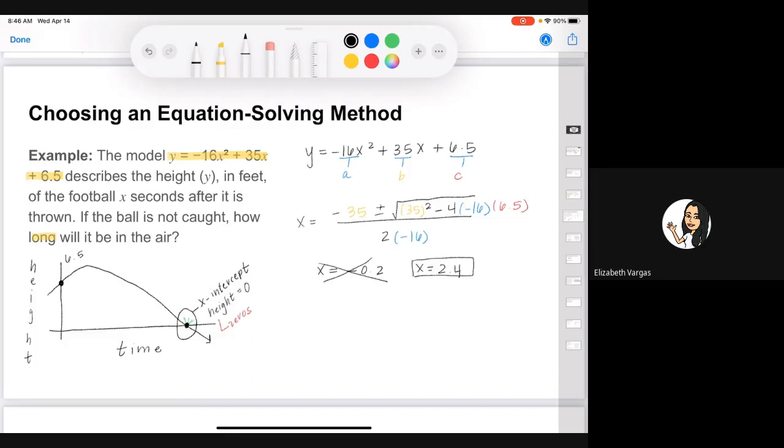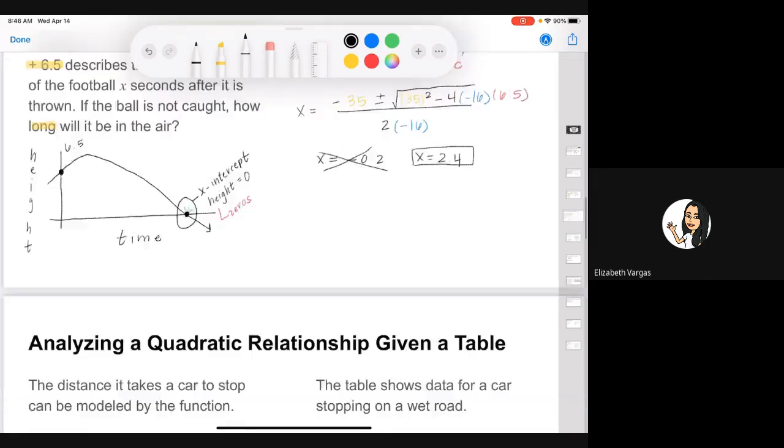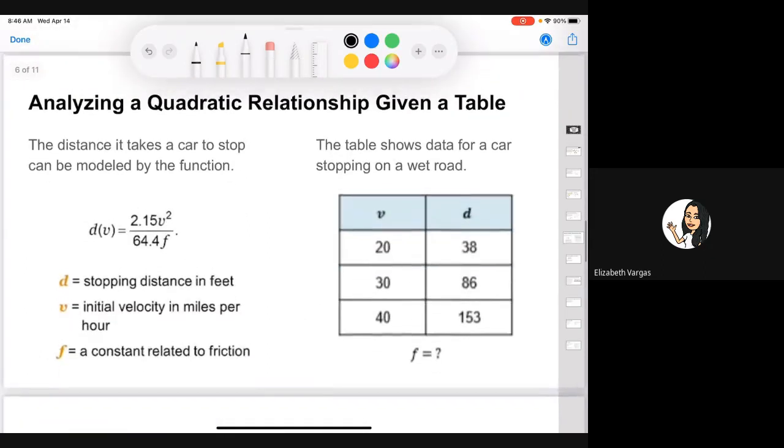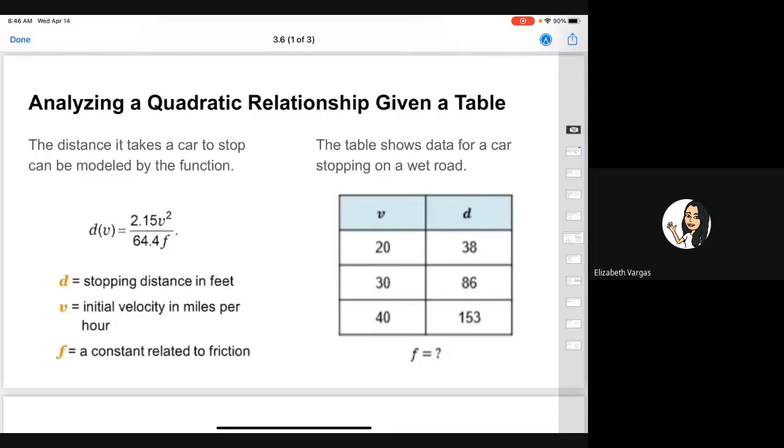Okay, and so that is modeling with a word problem. Now we're going to look at modeling when we have a table. And so here again, we are given some information about this table. Basically, this equation models the distance it takes a car to stop, which can be modeled by this function that we see here, where d represents the stopping distance in feet, v represents the initial velocity in miles per hour, and f represents a constant related to friction.